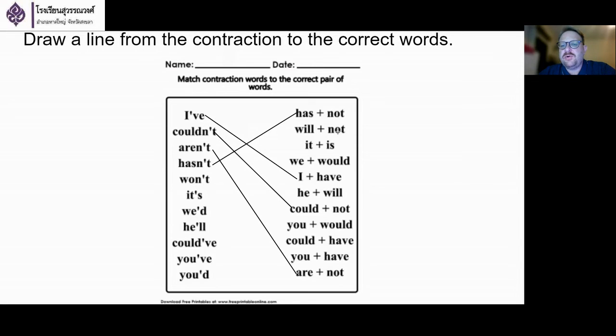They take the O out of the not because they always do that. If it's not, they take the O out and put an apostrophe there. Won't.